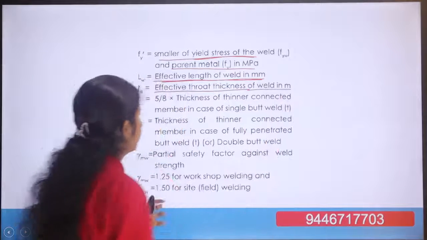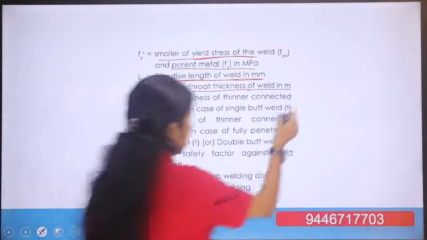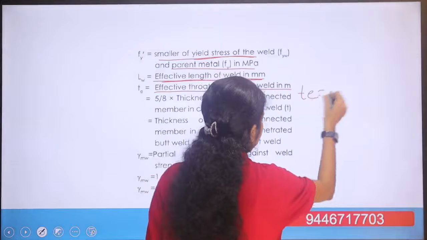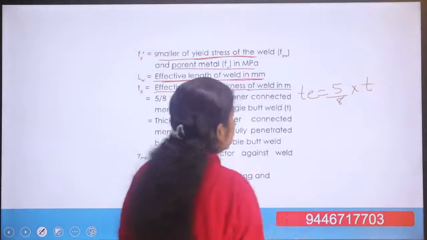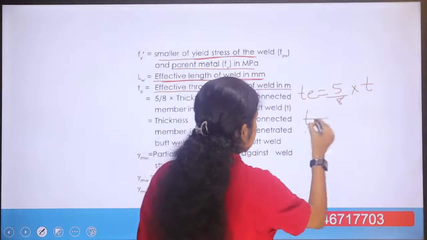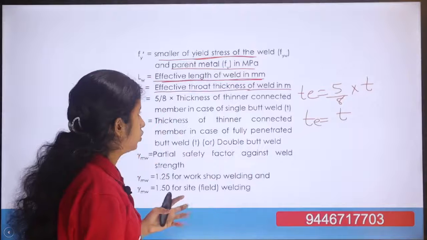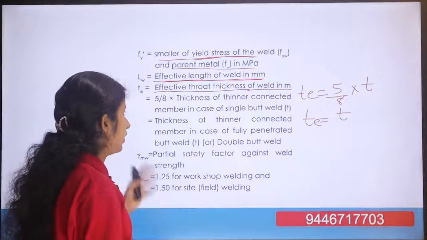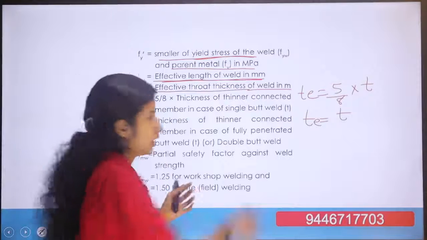We have already discussed that TE is taken as 5/8 into thickness of the thinner member, or TE is taken as the thickness of the thinner member. In two cases: 5/8 into thickness of the thinner connected member in the case of a single butt weld.